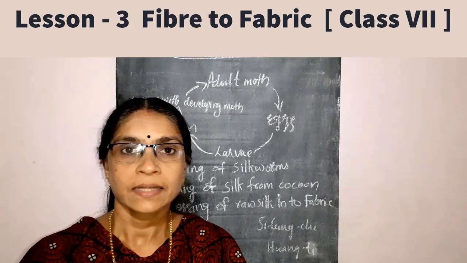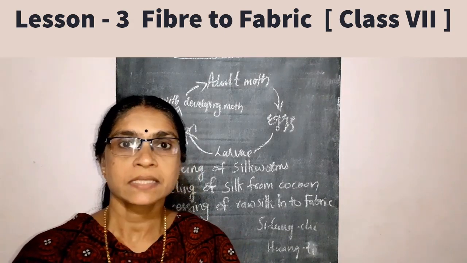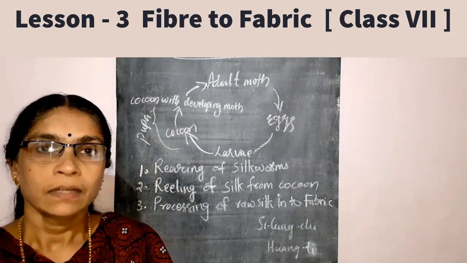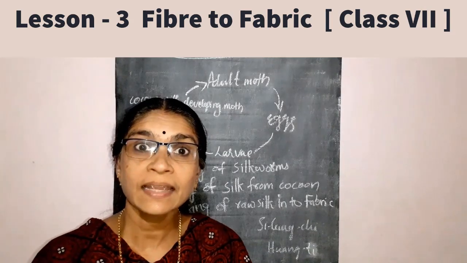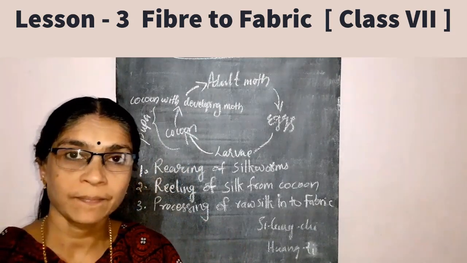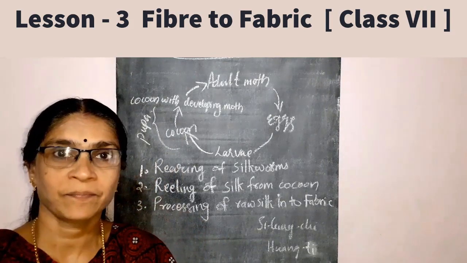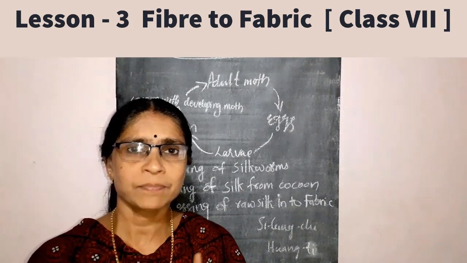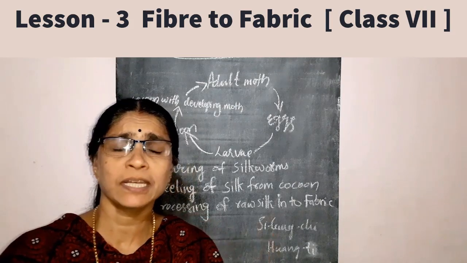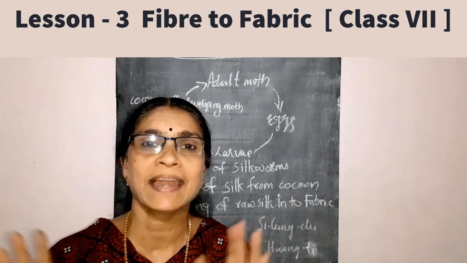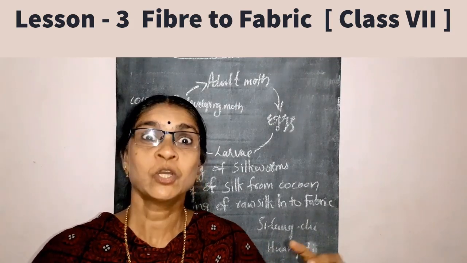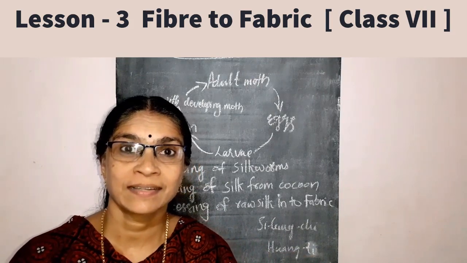Then these larvae are kept in clean bamboo trays along with freshly chopped mulberry leaves. After that, the caterpillars start to eat mulberry leaves continuously day and night, and they increase in size.